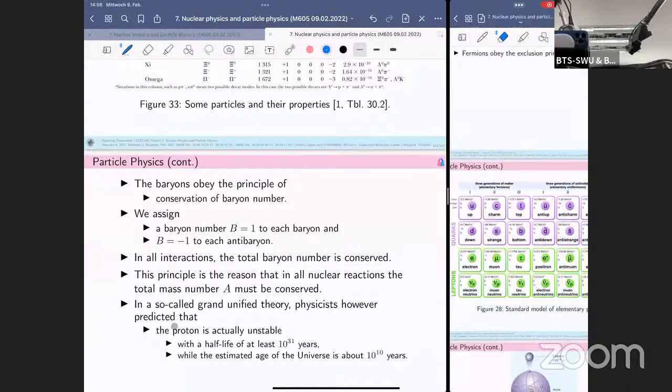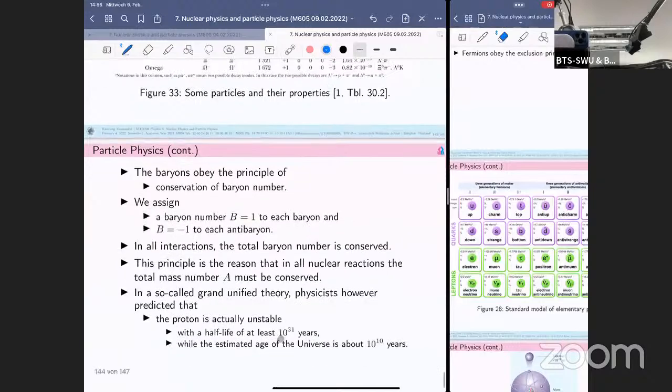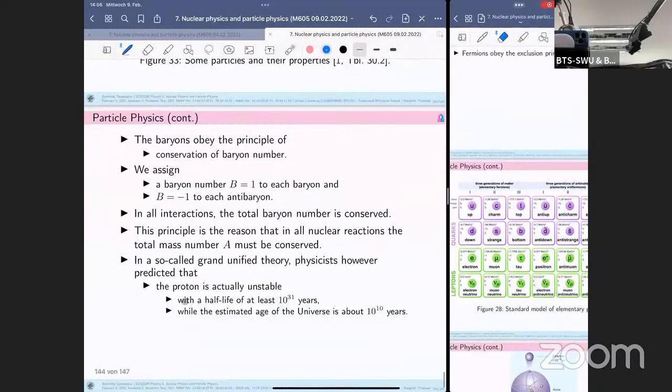Physicists, however, believe that the proton is actually unstable, and it has a half-life of 10 to the power 31, I don't know, 5 times a million years. Okay, that's the half-life of the proton.